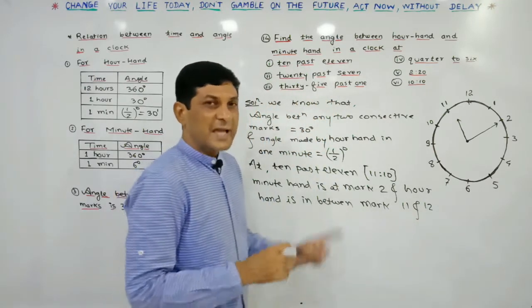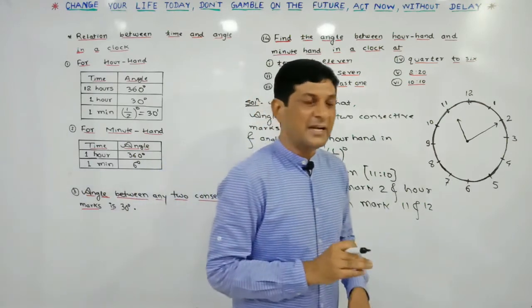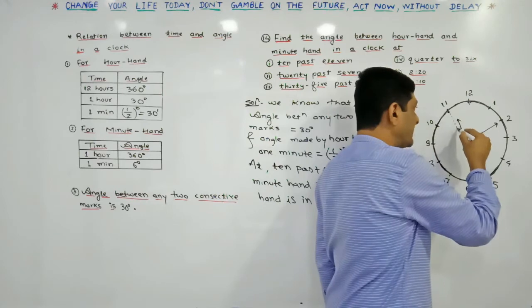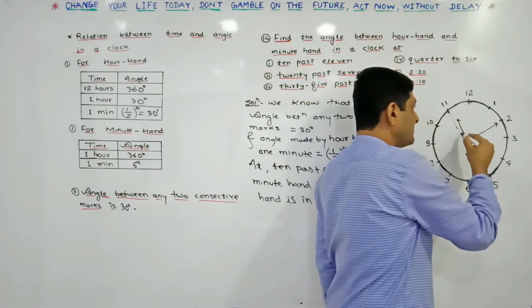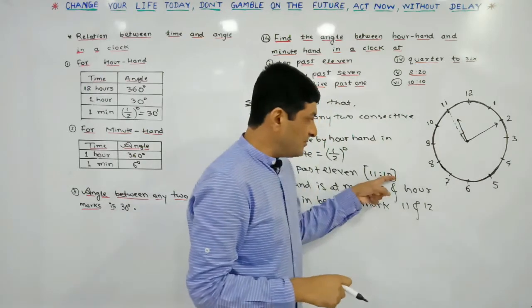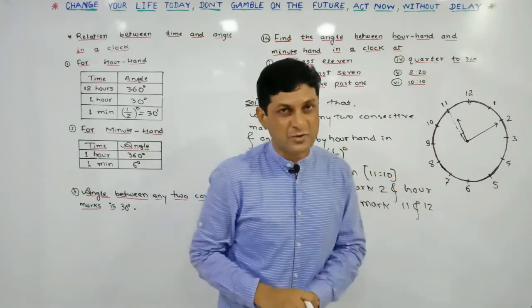Now the angle made by the hour hand in between 11 and 12 is what we are trying to find here. Some angle will be made by this hour hand in 10 minutes.